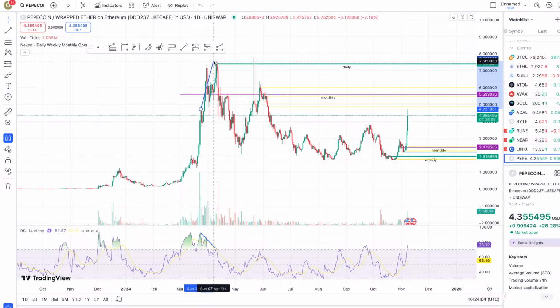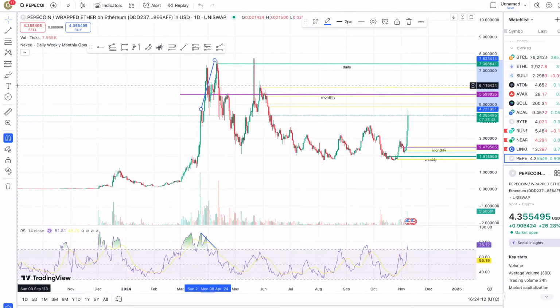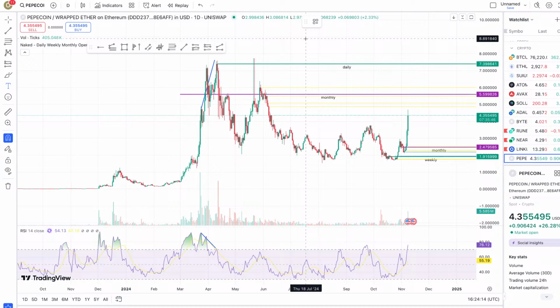Not exactly perfect, but we can say, okay, RSI on the daily level seems to work as one level of confluence.